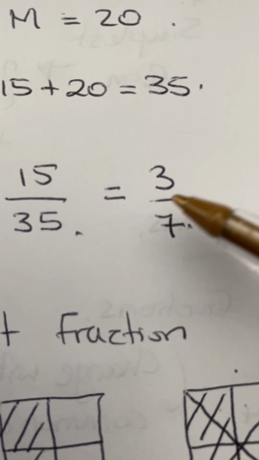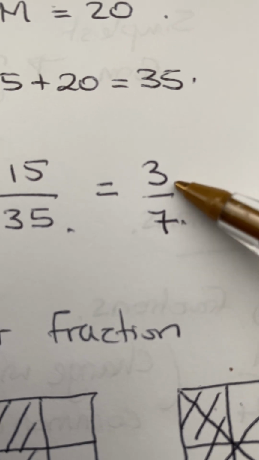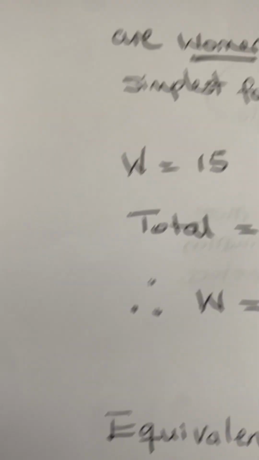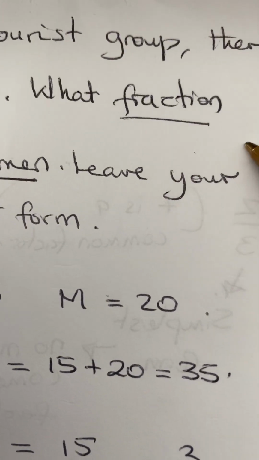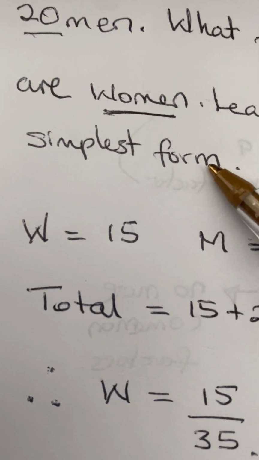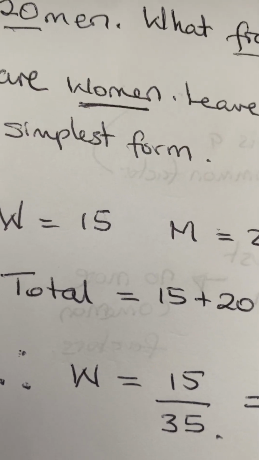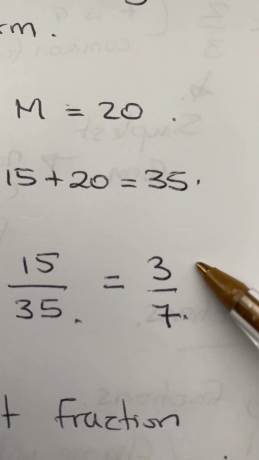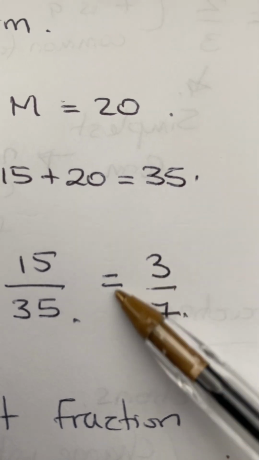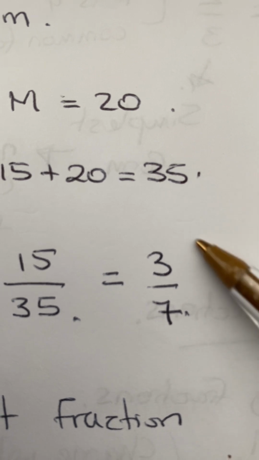So now in the lowest form, it's 3 out of 7. It says, what fraction of the group are women? Leave your answer in its simplest form. So the fraction of the group that are women is 3 out of 7.